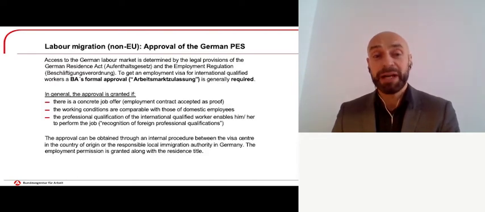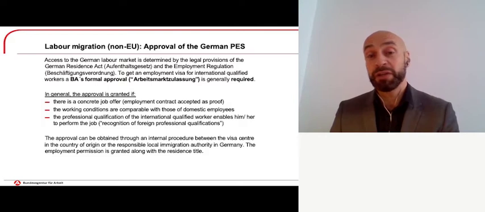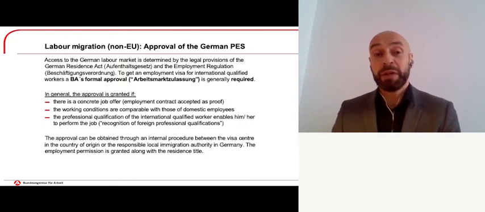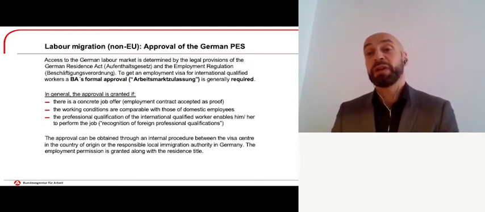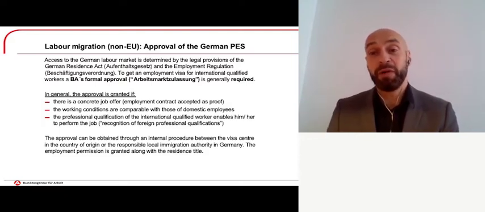So let me quickly outline the general idea of the BA's, the German Public Employment Service's, formal approval within the visa process for international qualified workers who want to come and work and live in Germany. In Germany, you always need a concrete job offer. Of course, there are certain exceptions where someone can, under certain conditions, come directly to Germany and look for a job for up to 6 months.